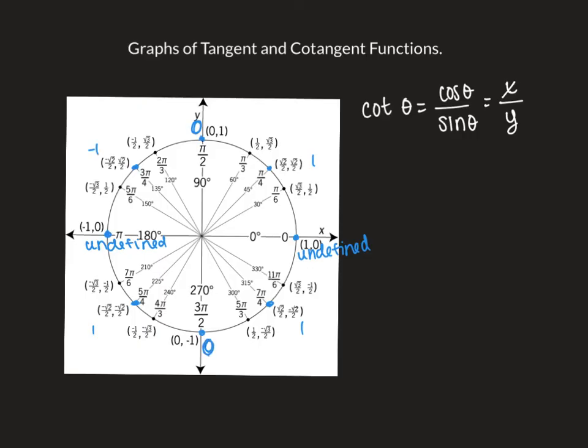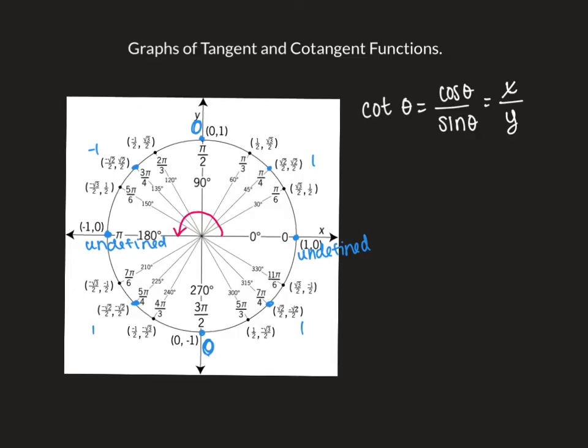And that makes things easy to see from where to where I need to consider my cotangent values, because quadrants 2 and 3 just repeat what quadrants 1 and 2 are. So I just need to rotate from 0 to 180 degrees or from 0 to pi to get my full period for my cotangent graph.